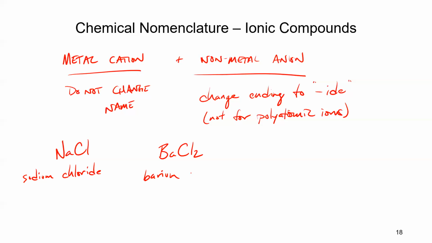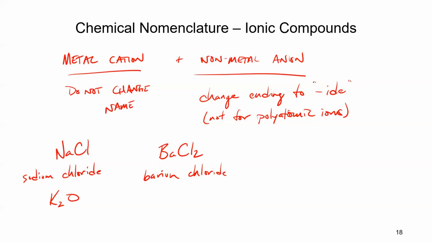Yeah, barium chloride, absolutely. Things don't change. We just know we need 2 chlorides because barium's a +2, chloride's a -1. Based on the charges, we know we need 2 chlorides. The name doesn't change.